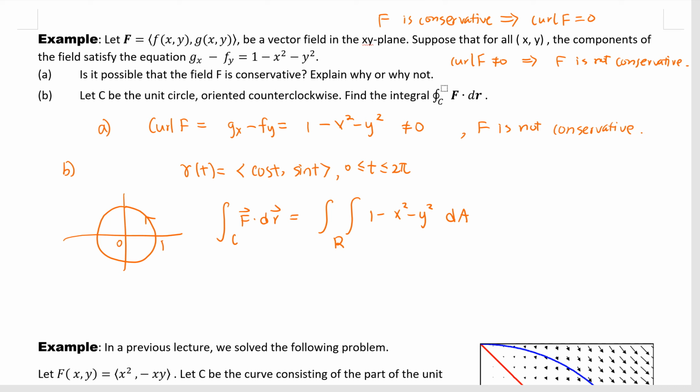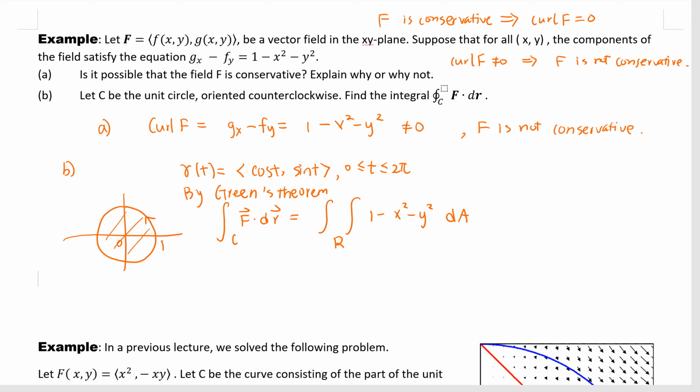So far so good. In this problem, our vector field F is not given, so we cannot use our regular way to compute the line integral. So we have to use Green's theorem. By Green's theorem, the circulation equals the double integral of the curl.